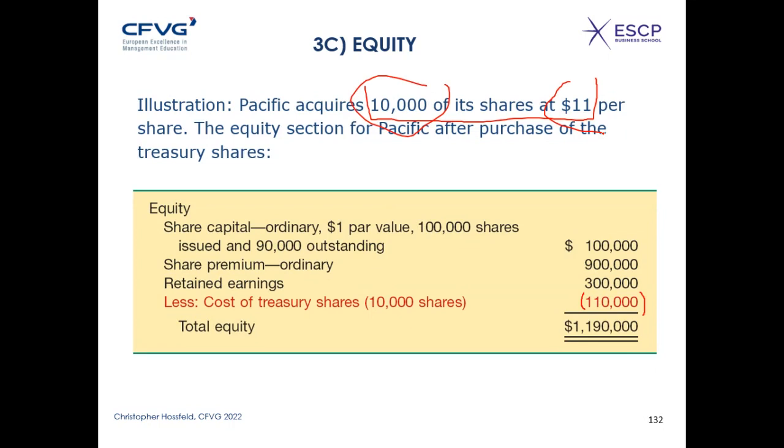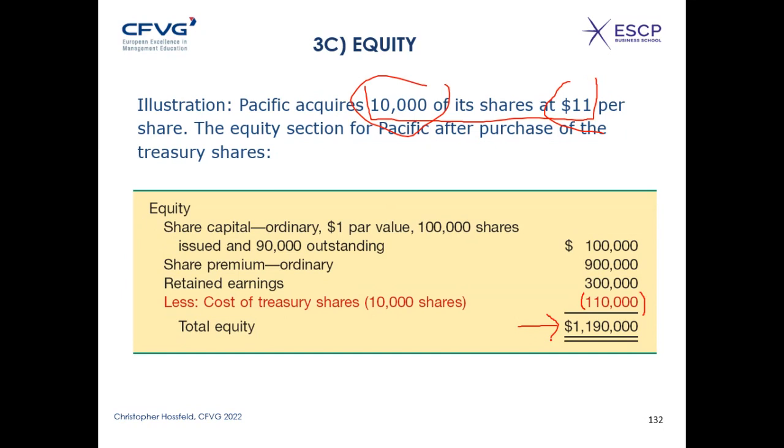Okay, so treasury shares, when I hold them, and they do still exist, treasury shares are deducted from equity, which is perfectly logical, and are presented as a negative number. And the total equity now has been reduced, and that's the equity figure I would consider for calculating my ratios, return on equity, debt equity ratio, etc., etc.